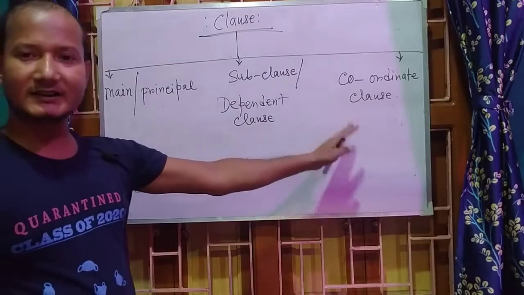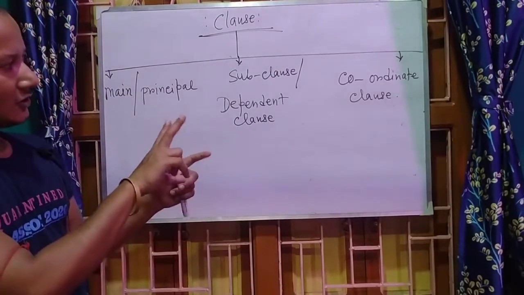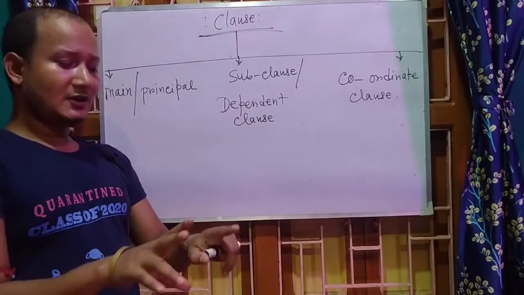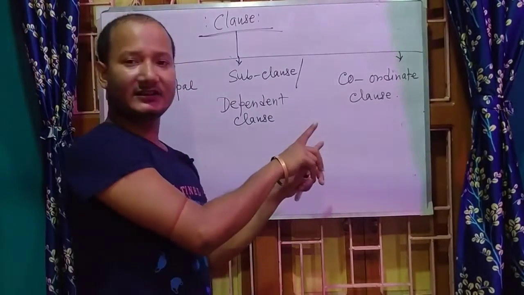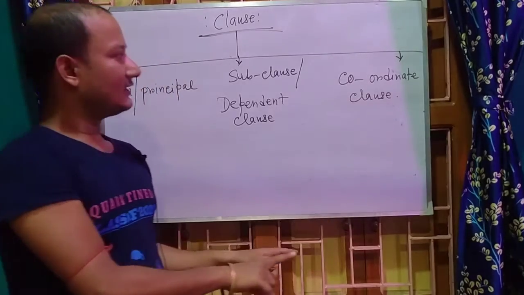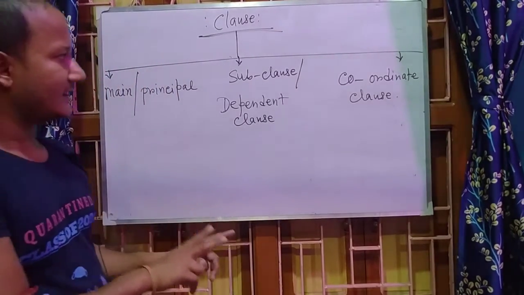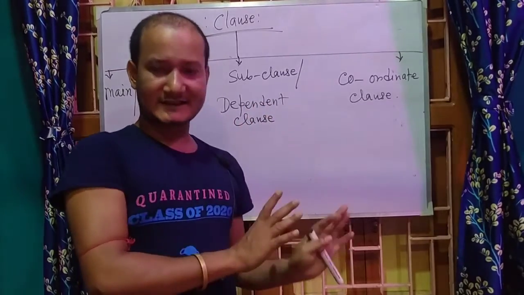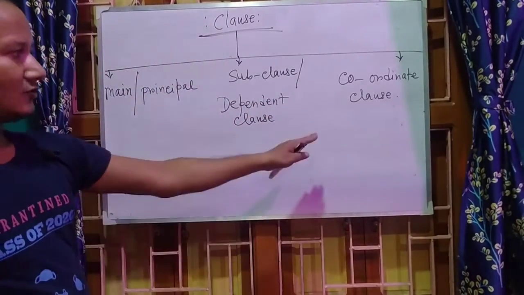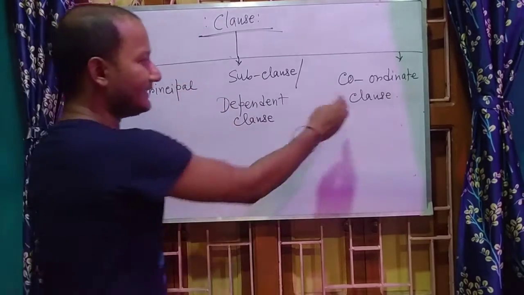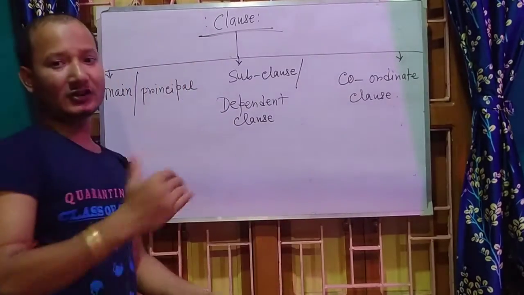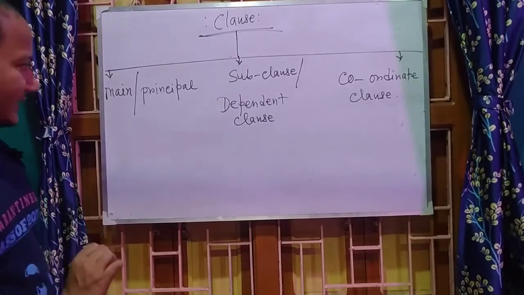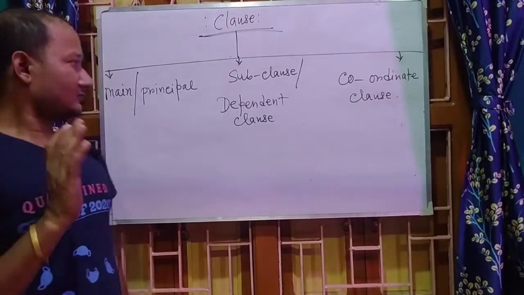Similarly, coordinate clause means two main clauses or many main clauses will be there, and they will be connected with the coordinate conjunction. Clear? Such type of clauses will be called coordinate clause. In this clause you will see a lot of main clauses connected with coordinate conjunction.